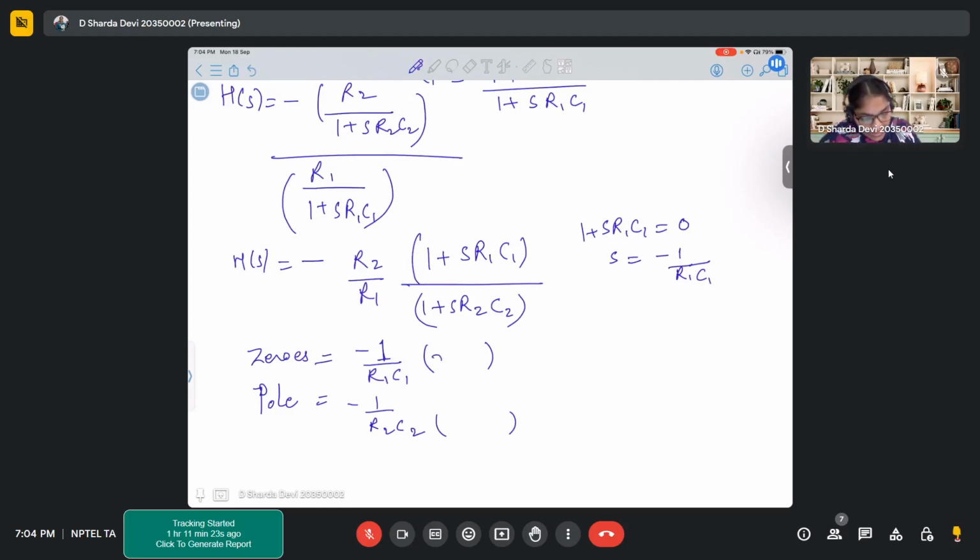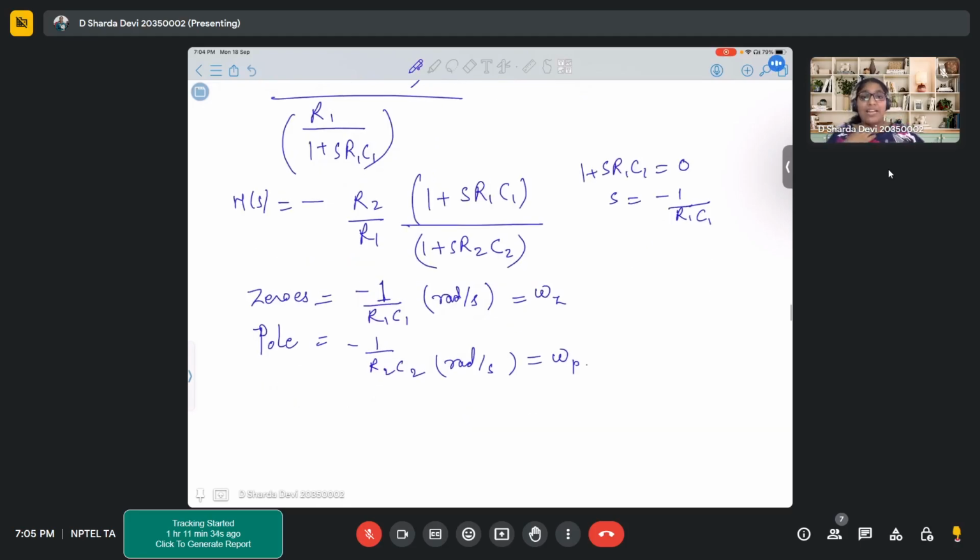These are actually radians per second. These are the values of omega: omega Z and omega P. Now, if you want to find the frequency in terms of hertz, how do you write it? Omega is 2 pi into f, right?